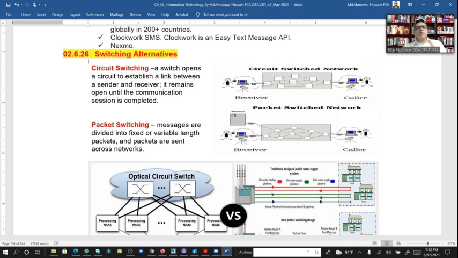It remains open until the communication session is completed. But in packet switch, messages are divided into fixed or variable length packets, and packets are sent across the network.